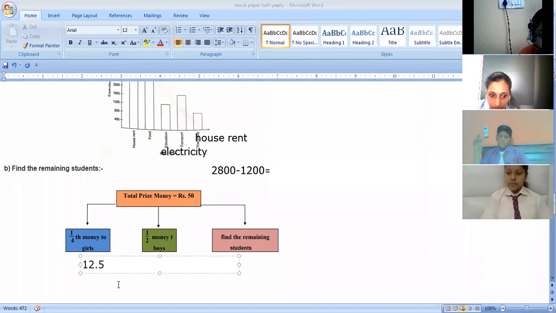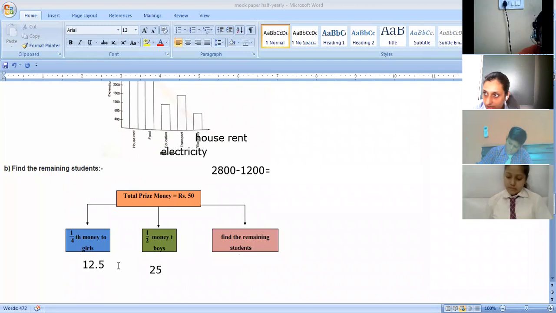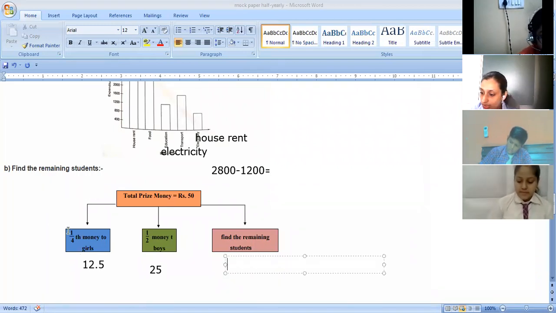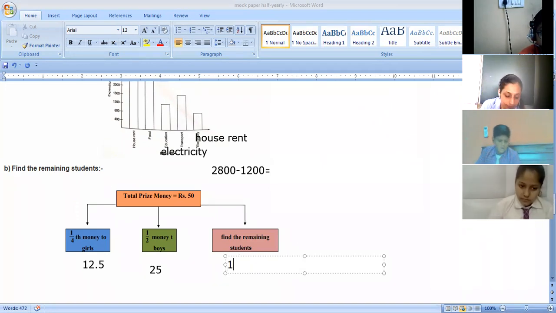That is 12.5 girls. Then the remaining students, 25 minus. So there are a total of 37.5 students. So the remaining students are, yes, 12.5.